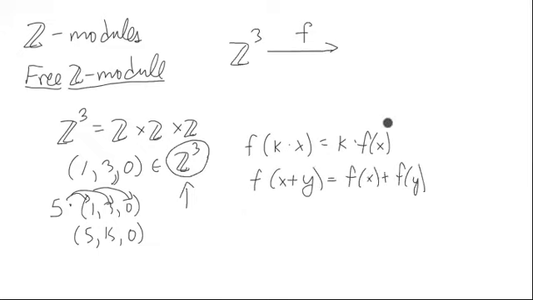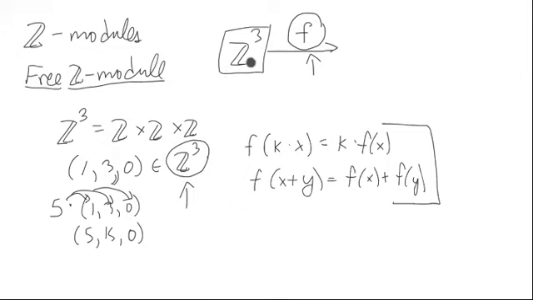So anytime I have this happening for a function coming from Z^3, then I can represent this function in a very nice way. This function, if this is free, depends completely on where just a few of the elements in here come from.